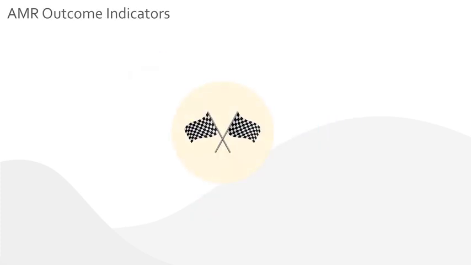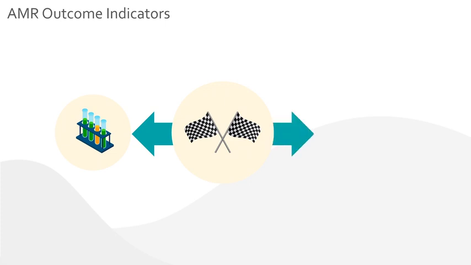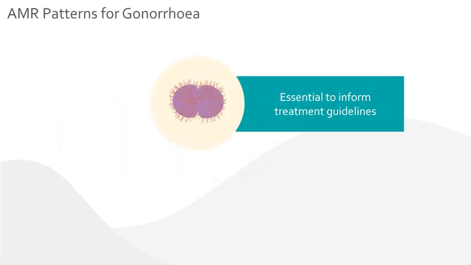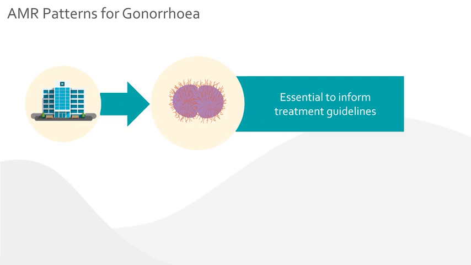Monitoring of outcome indicators requires a higher level of laboratory capacity and is usually done at district, regional, and/or central levels. AMR patterns for gonorrhea are essential to inform treatment guidelines and can be monitored at clinical sites that have capacity to perform culture and antimicrobial sensitivity studies.